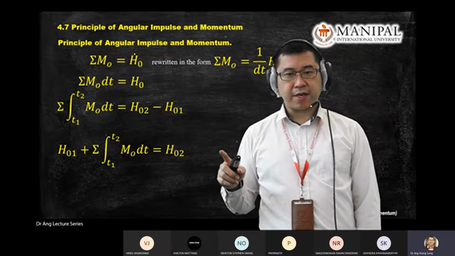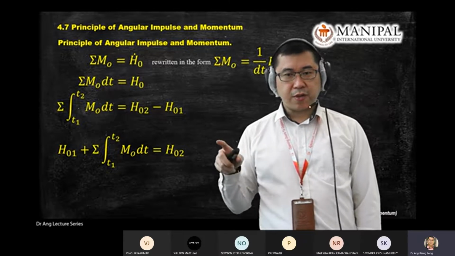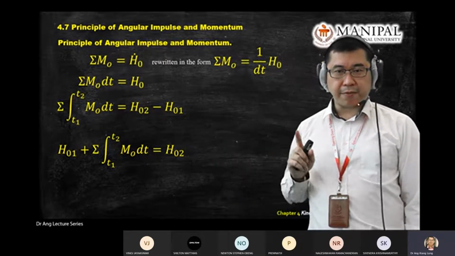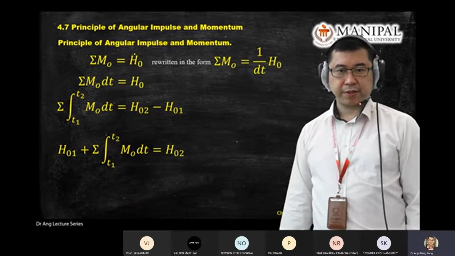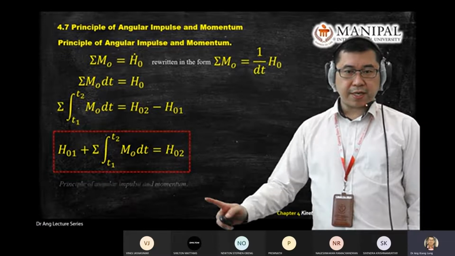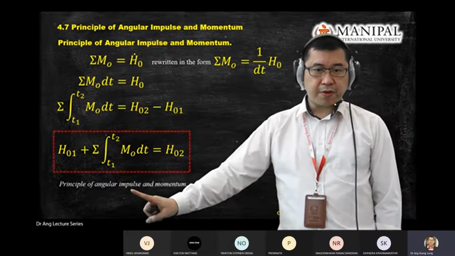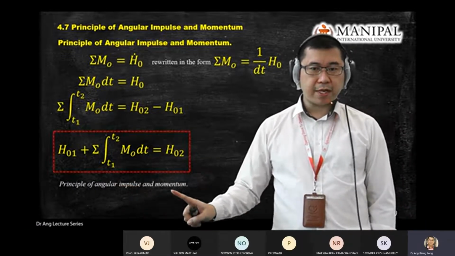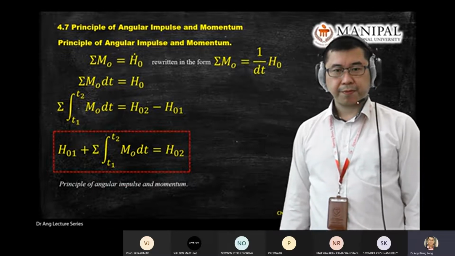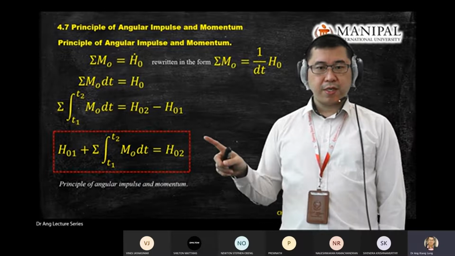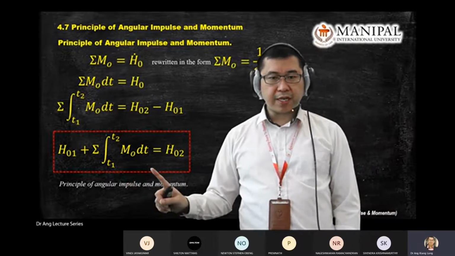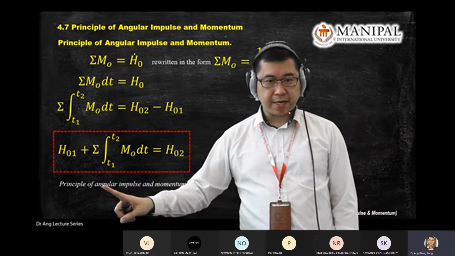Previously, I think the first session, we looked at linear impulse and momentum. But this one, we have H here. This one, we call it principle of angular impulse and momentum. So we have a few principles in this module. You have learned principle of linear impulse and momentum before this.